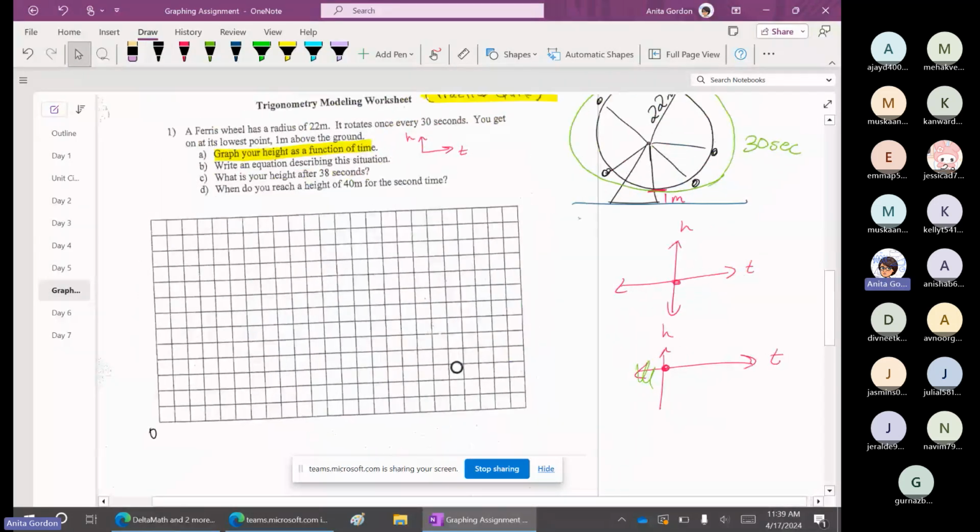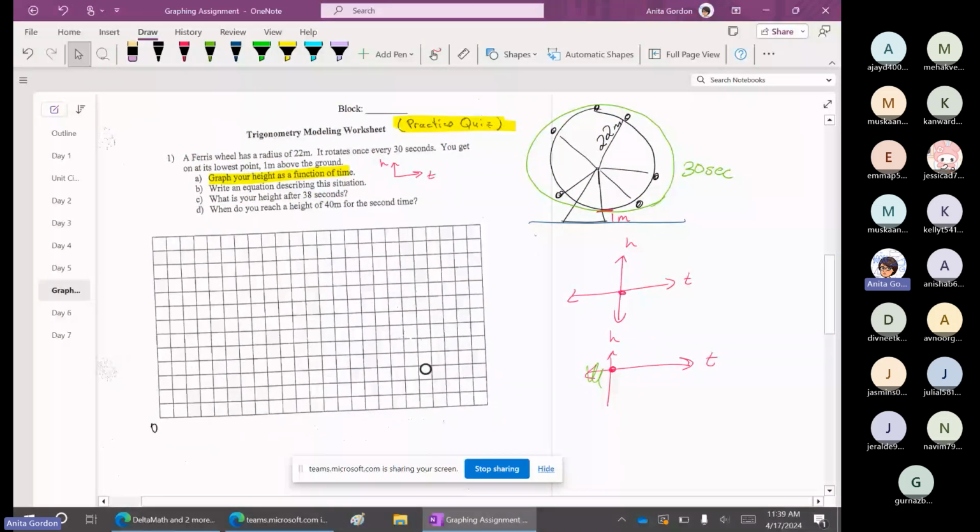Now, I have to be able to fit the entire Ferris wheel on the height. What is the lowest height that I can get to on the Ferris wheel? 1 meter. What is the highest point on the Ferris wheel? Close.